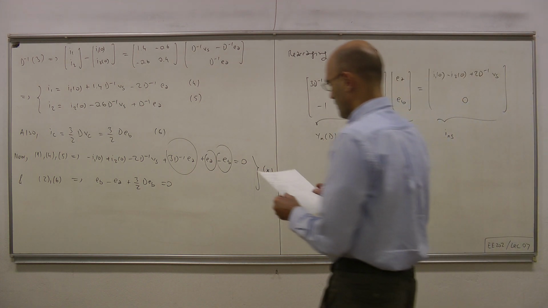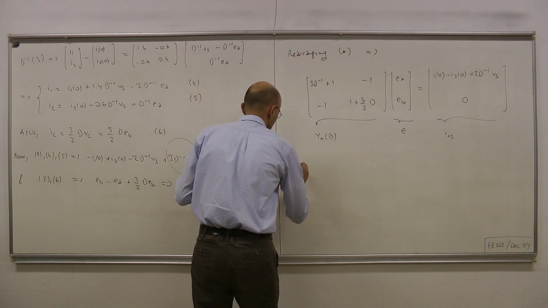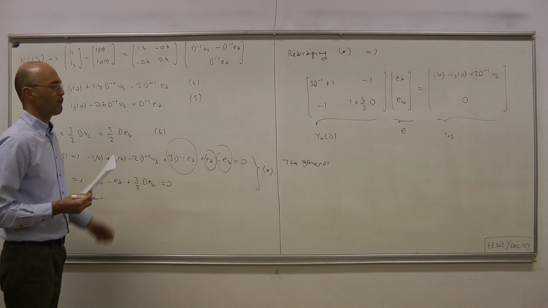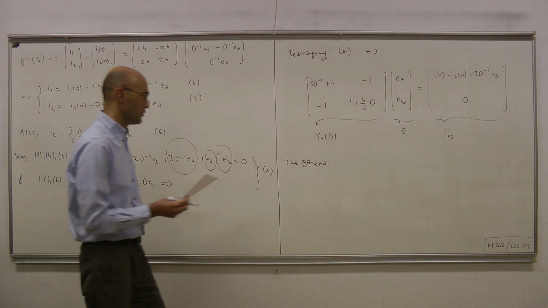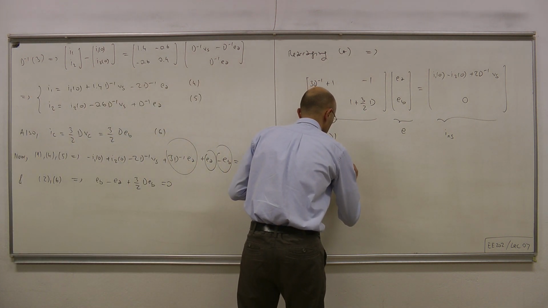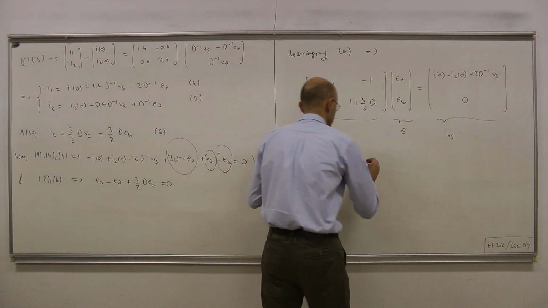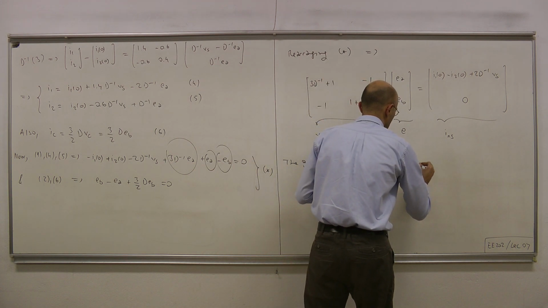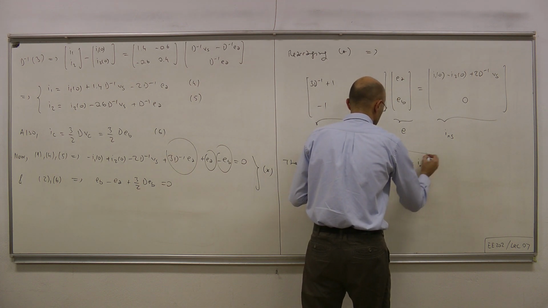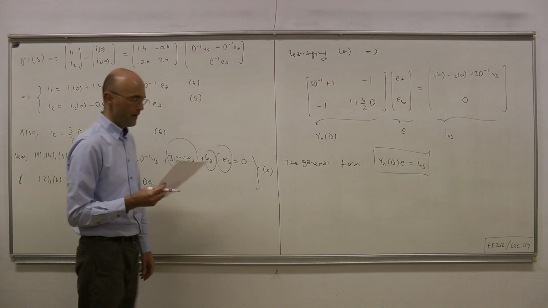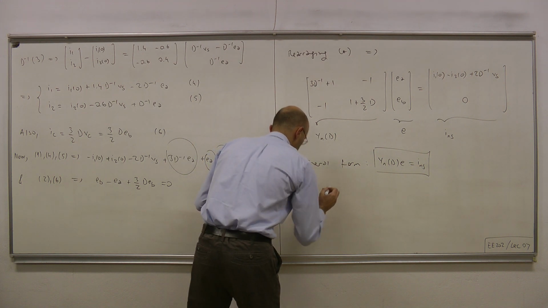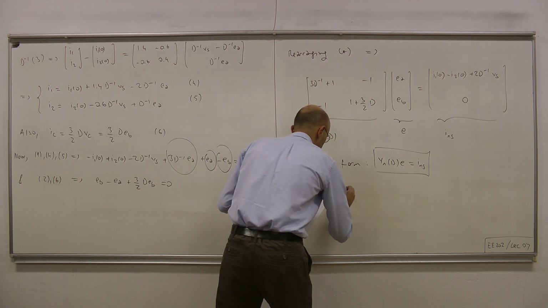So the general form that we obtain after formulating a circuit through node voltages is the following: Yn(D) E equals Is. Where Yn(D) is called the node admittance matrix.